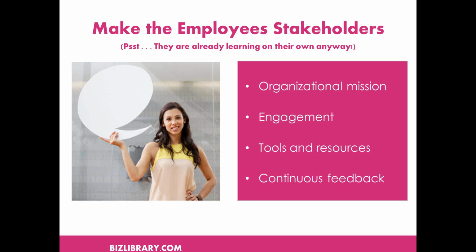It's not hard and fast, nor has it been proven conclusively, but the theory goes like this: we learn about 70% of what we need to perform our job effectively informally, 20% socially, and 10% formally. In other words, our employees don't need us to teach them. They're going to learn on their own, okay? And I think, by and large, most of us would probably agree that that's true to an extent.